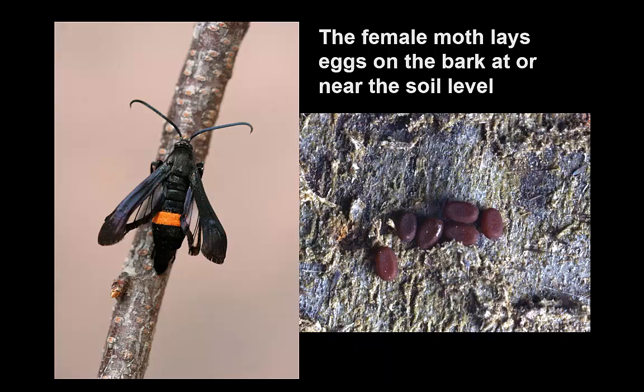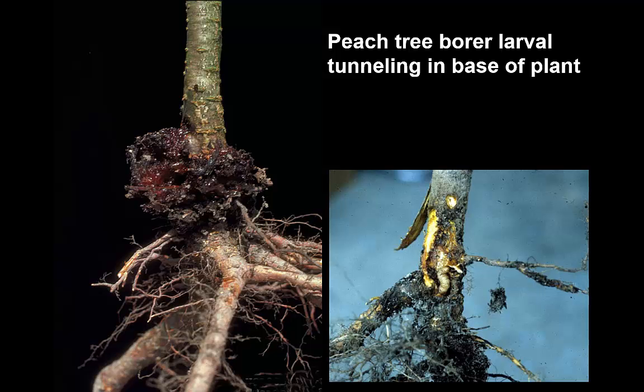Now, being moths, they can't chew in the adult form, so they just simply glue their eggs onto the surface of the bark. And so we see some eggs here glued onto the bark, and these are glued almost always very near the soil line. The eggs hatch, the larvae then move into the base of the plant, developing underneath the bark.